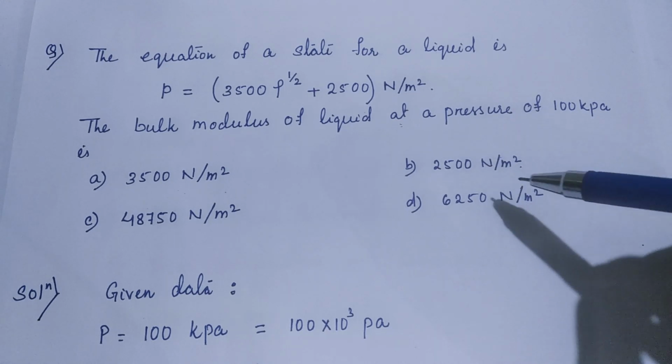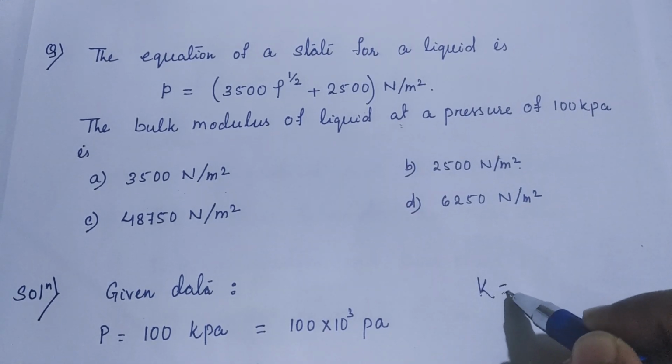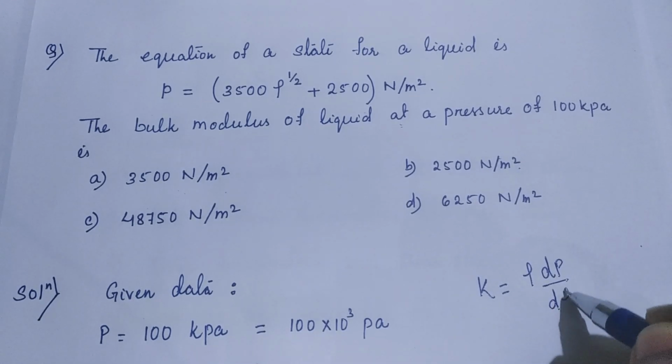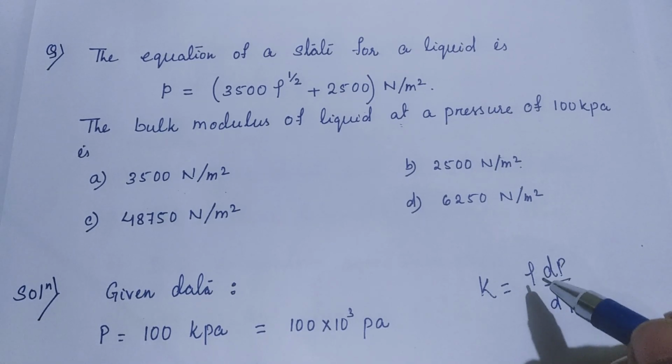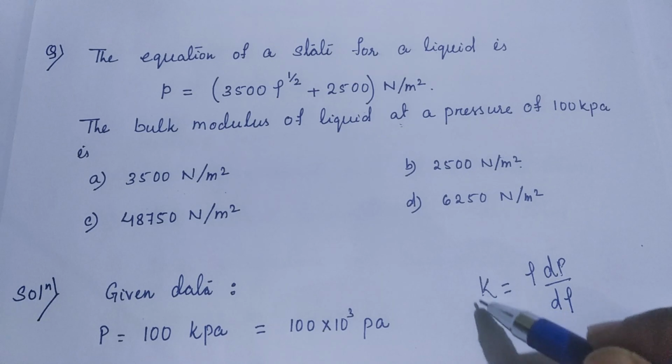So here we have to find out bulk modulus, that is K equal to rho dP by d rho. This is the expression we have to use to find the magnitude of bulk modulus K.